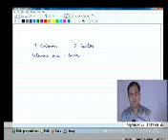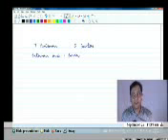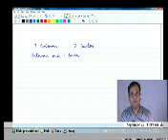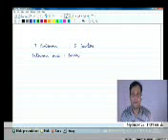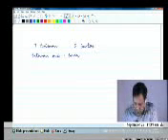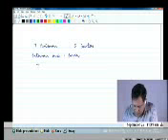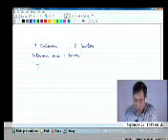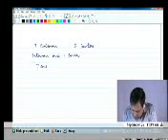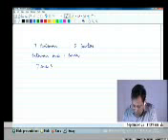So, the number of ways we can select a single batsman: obviously, we have 7 choices we can make. Batsman number 1, 2, 3, 4, 5, 6, 7. So, we have 7 choices. And for the bowler we have 5 choices.